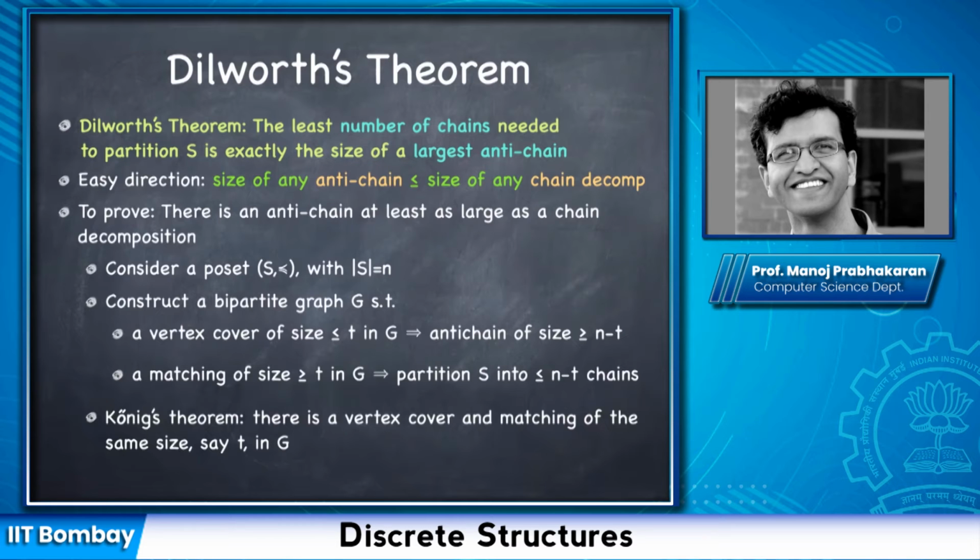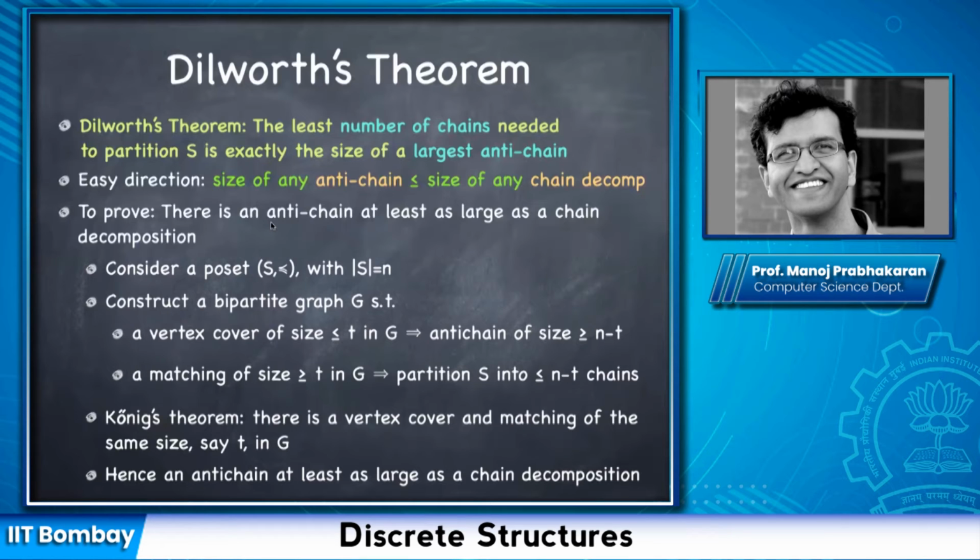Then that would imply that there is an anti-chain of size at least n minus t, and there's a chain decomposition of size at most n minus t. So there is an anti-chain which is at least as large as some chain decomposition. And that's what we wanted to prove. Here the size happens to be n minus t.